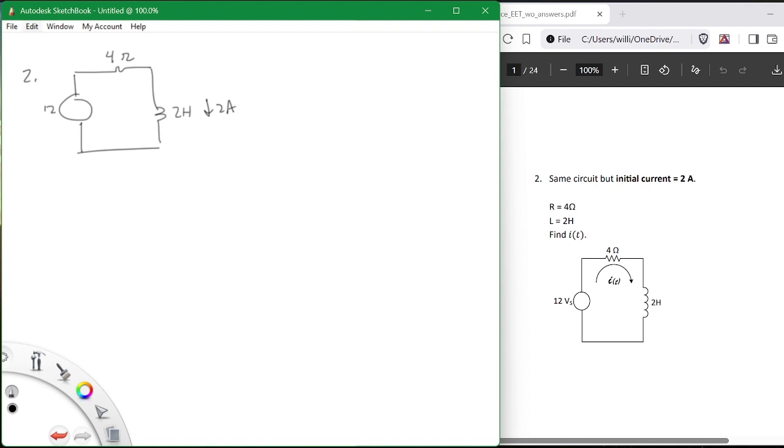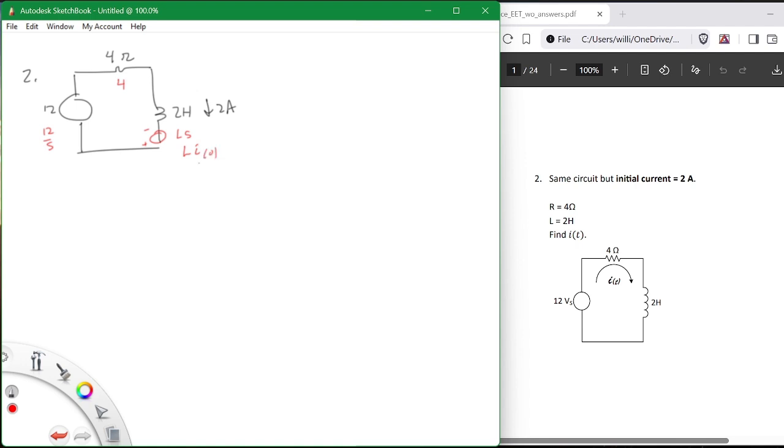All right, let's go back and do the same thing again. So it's 12 over S. This is 4, and this is LS, and then we also have to add in a little voltage supply here, with minus on the top and plus on the bottom, L times I of 0.